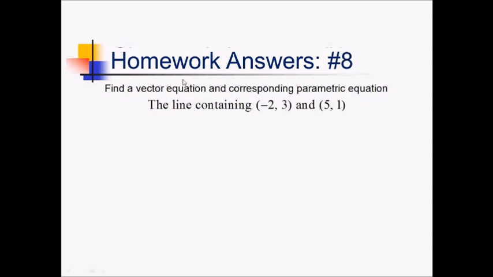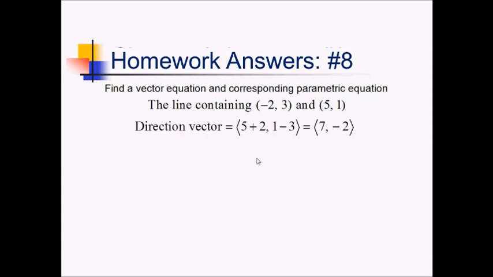For this problem, we want a vector and parametric equations for a line that goes through these 2 points. To start us off, we have to first get a direction vector. So we've got 5 minus negative 2, or 5 plus 2, comma 1 minus 3. And that gives us the actual direction vector of (7, -2).